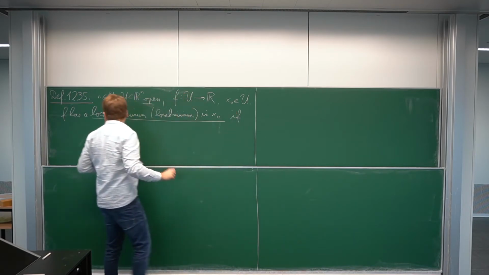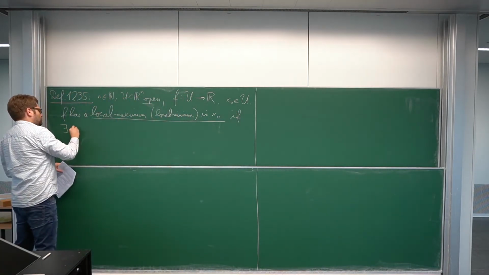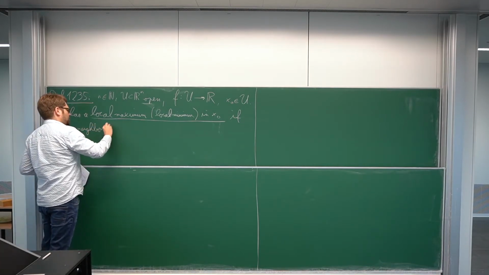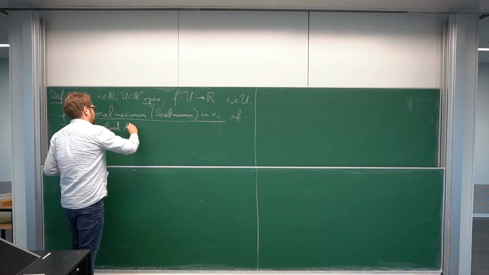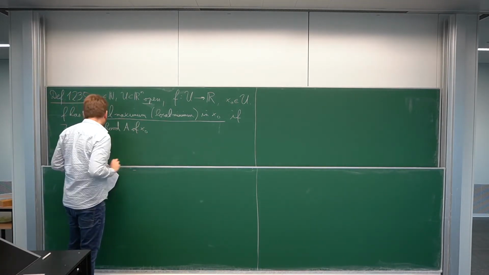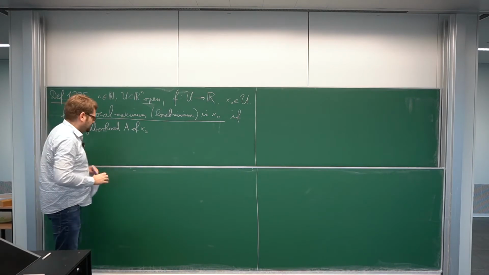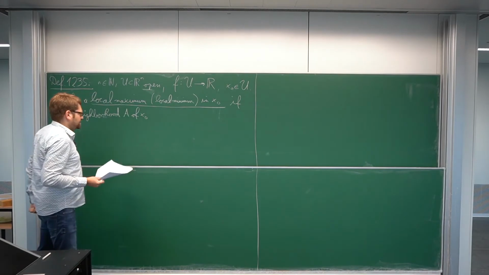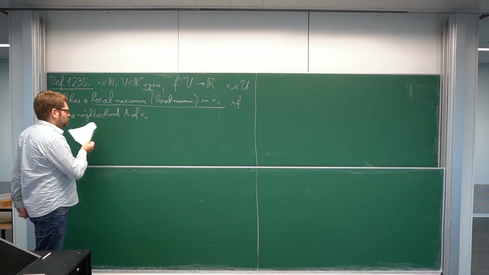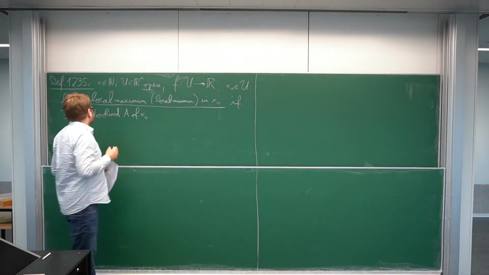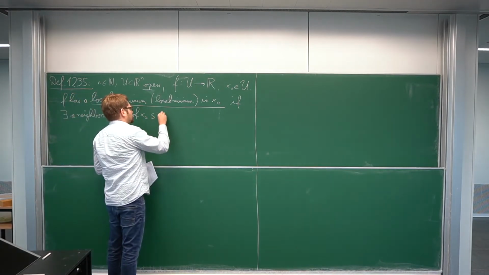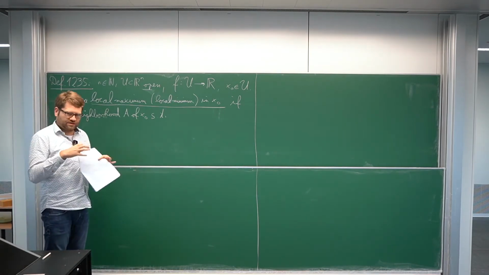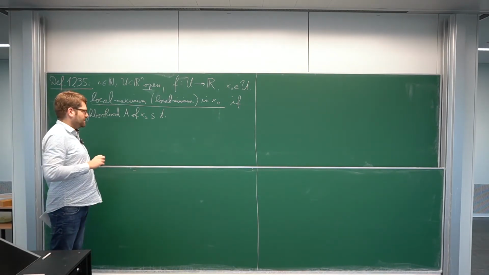if there exists a neighborhood A of x0. A neighborhood I defined in the chapter on metric spaces. This means we have a small open subset around x0 which is still included in there. For example, A could be an open ball around x0. So a neighborhood A of x0 such that it is a maximum in this neighborhood. It's only if we restrict the function to that neighborhood that we get a maximum or minimum.